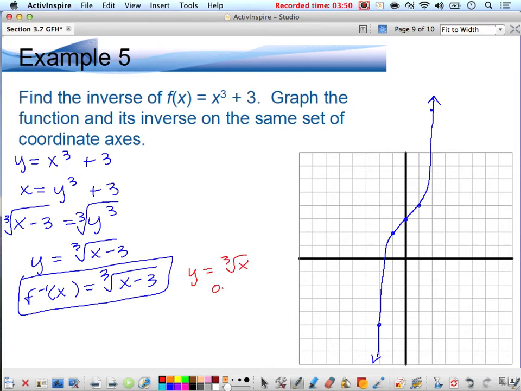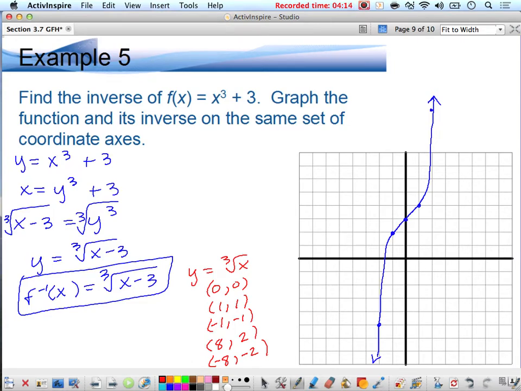We know they are (0, 0), (1, 1), (-1, -1), (8, 2), and (-8, -2). Those are the points that go on the parent function y = cube root of x.